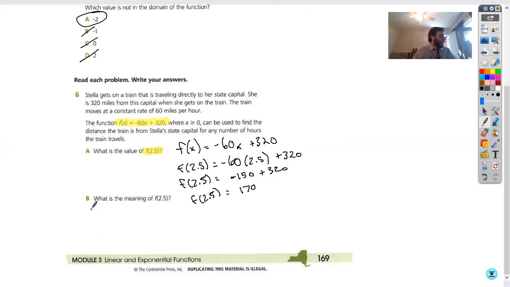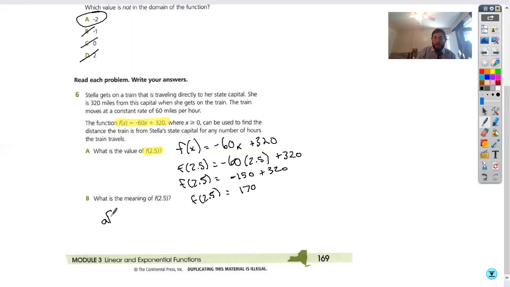Now it wants to know what is the meaning of f of 2.5. If we're taking a look here, what we're saying is the x value, 2.5, is the hours that Stella is on the train, and our y value, this 170, is the distance that she is from the state capital. So what does f of 2.5 mean?